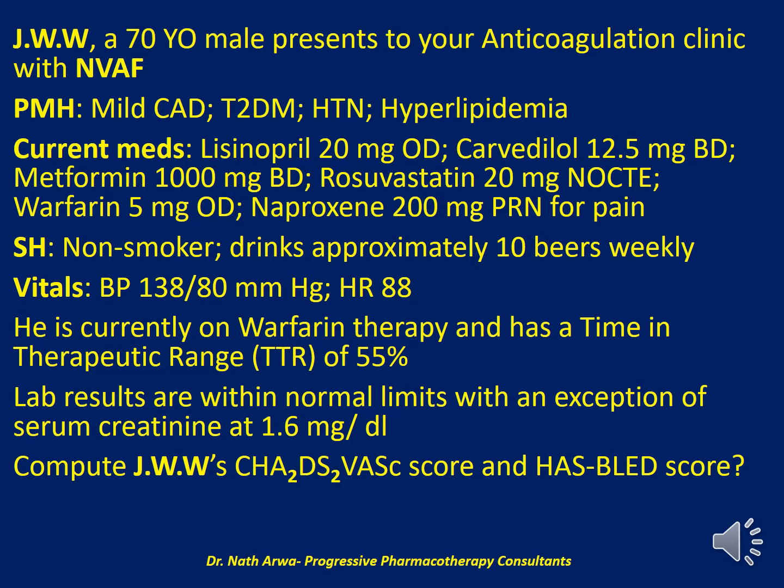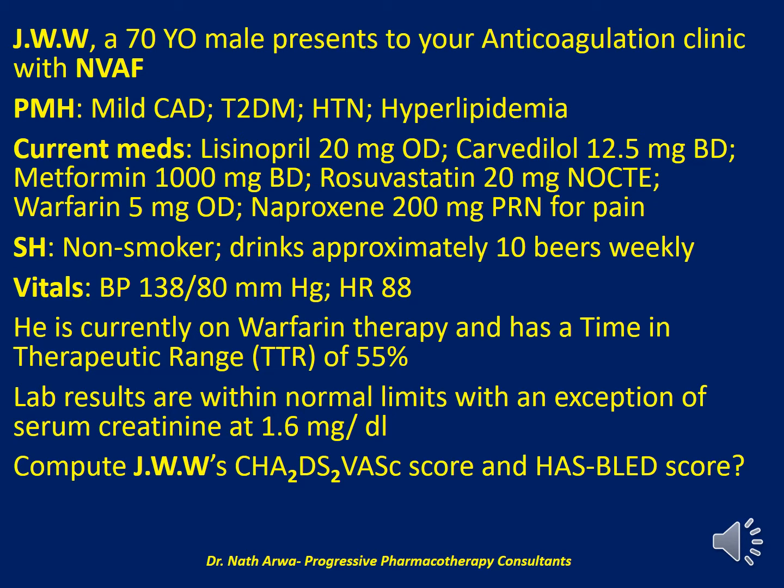He is a non-smoker who drinks approximately 10 bottles of beer weekly. Some of his vitals include a systolic blood pressure of 138, diastolic 80 millimeters of mercury, and he has a heart rate of 88. He is currently on warfarin therapy and has a time in therapeutic range, which we abbreviate as TTR, of 55%.